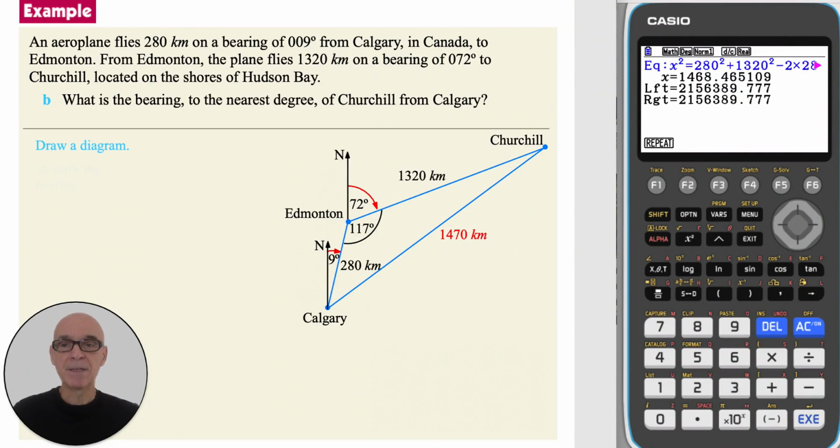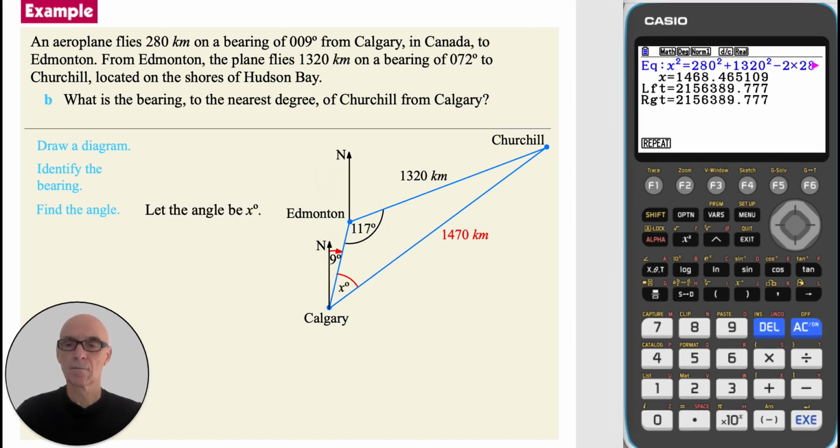In part B, to find the bearing of Churchill from Calgary, start by identifying the bearing, as shown on the diagram. Let x be the angle shown.